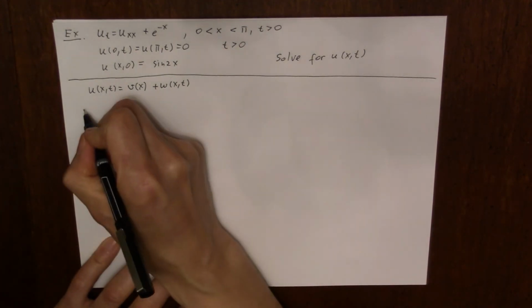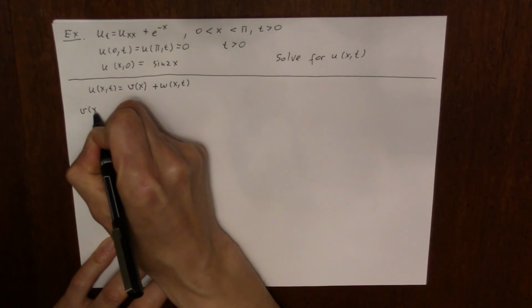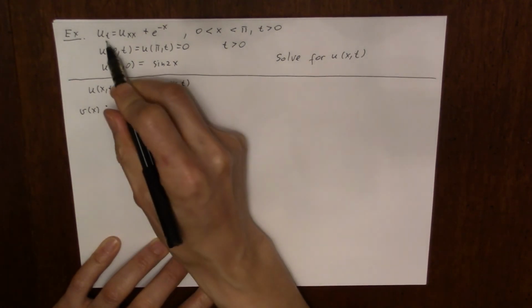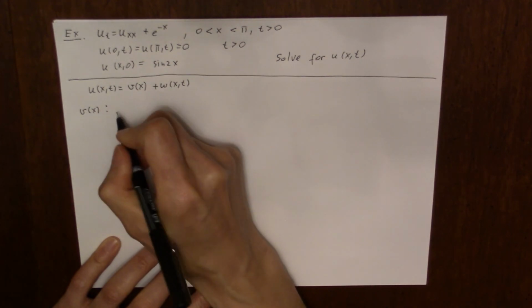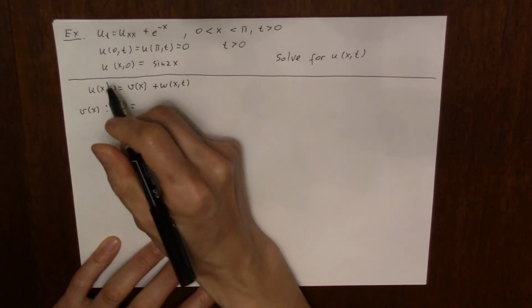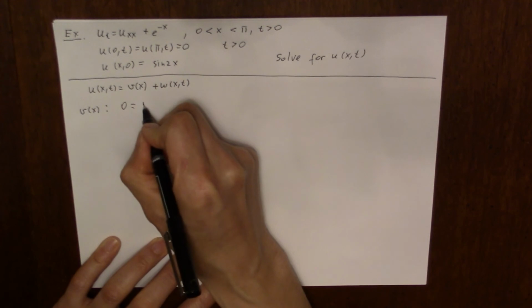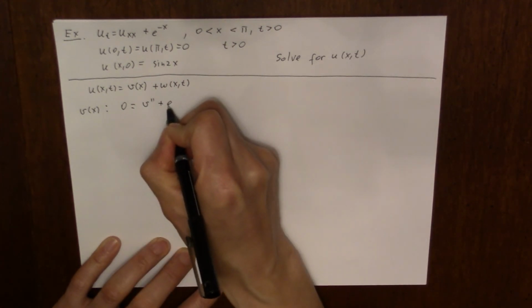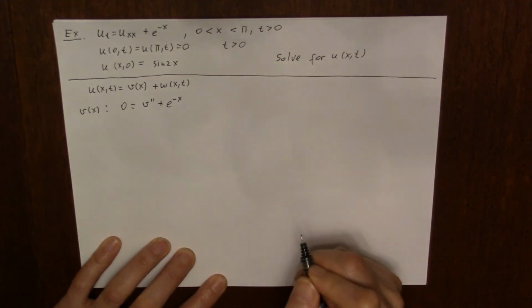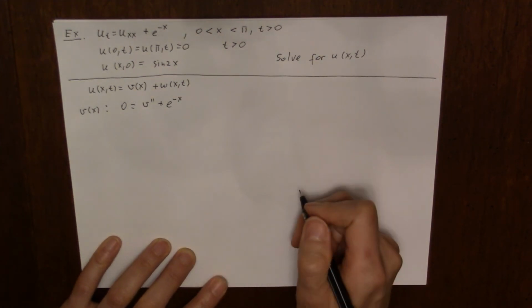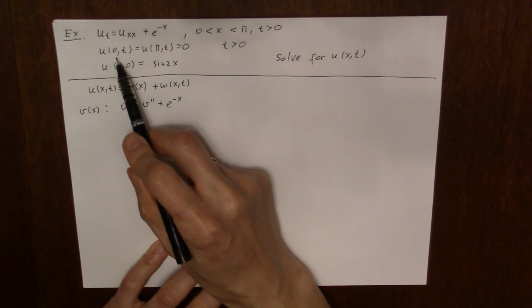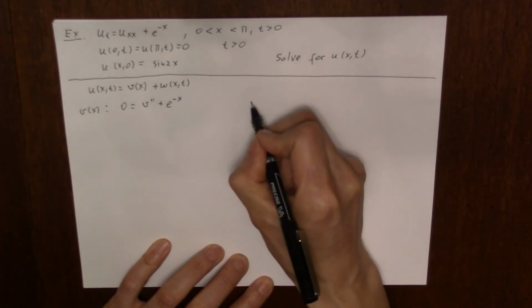Now, to find v of x, we're going to set derivative of v with respect to t equal to 0, so it will be just the regular second derivative of v with respect to x, plus e to the negative x. And also we have boundary conditions v of 0 and v of pi equal to 0.